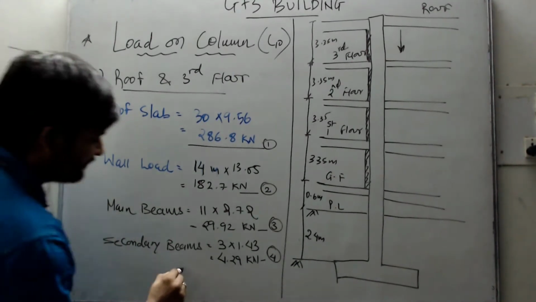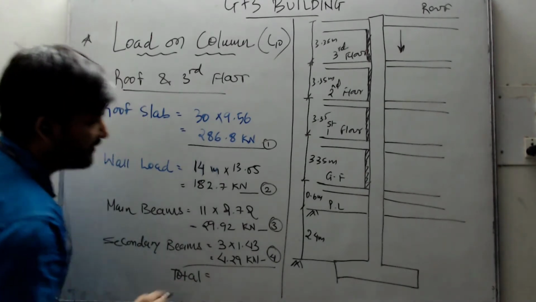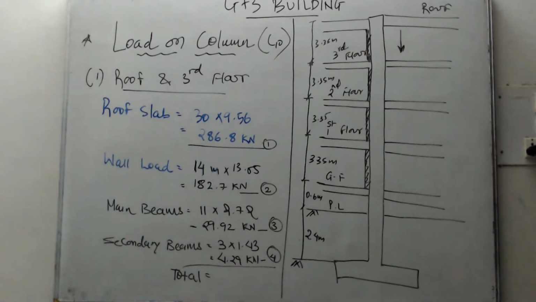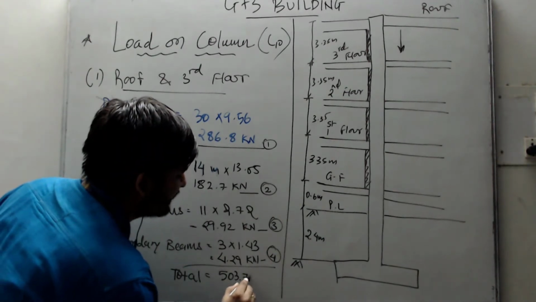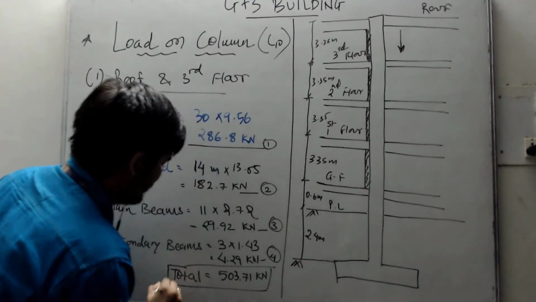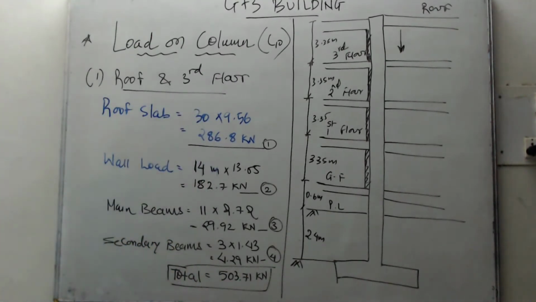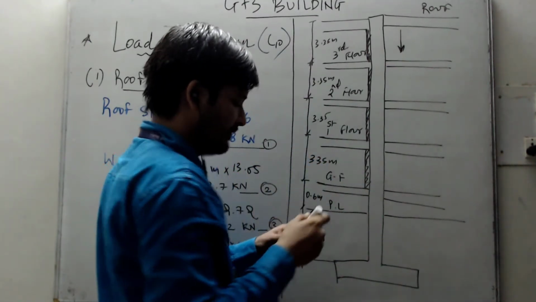So 1 plus 2 plus 3 plus 4, you will get 503.71 kilonewton as your load that is acting between roof and third floor slab. So let us write down this value 503.71 here. Let me change the color.